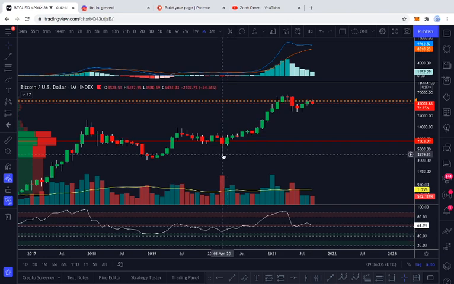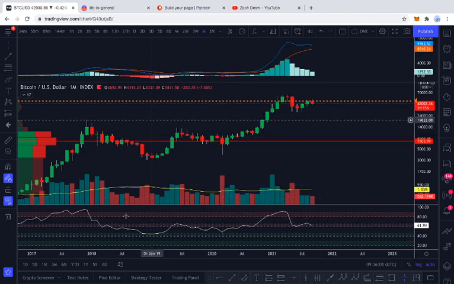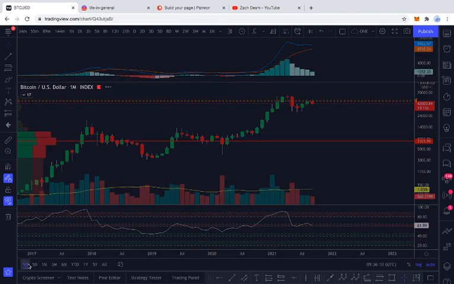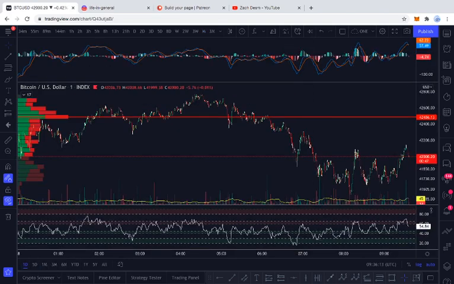So if we go to the 1 minute chart, for example, you can see it'll be moving and it'll wait for a candle close. This is the index, so we'll wait for a little bit of price action.